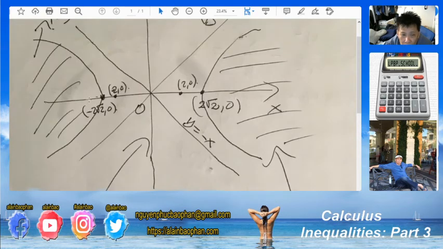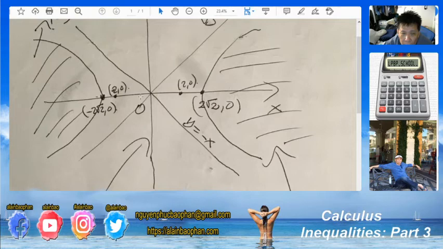If I pick a point here, since minus 2 square root 2 is about 1.4 times 2, so almost 3, let's pick the point inside here. It's minus 4, and it also lies on the x-axis, so minus 4 and 0. That's the first point, and with minus 4 and 0 we can easily calculate.